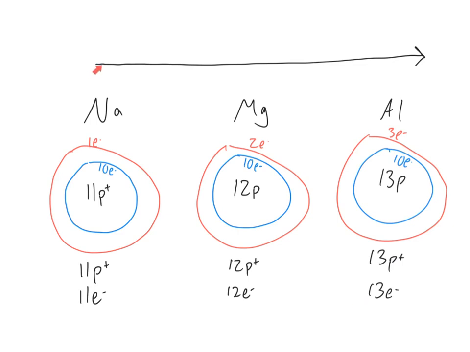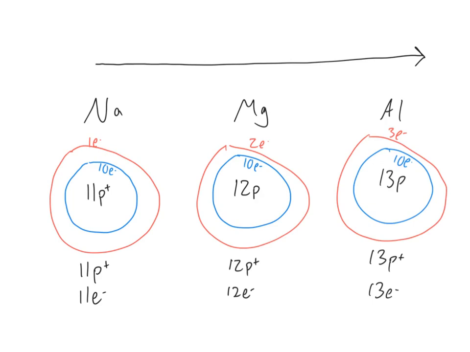And so as we move from left to right, we have more charges, and so we have a greater force of attraction, leading to a greater effective nuclear charge. In other words, there's simply more of a pull between the nucleus and those outer electrons due to the increasing number of charges.